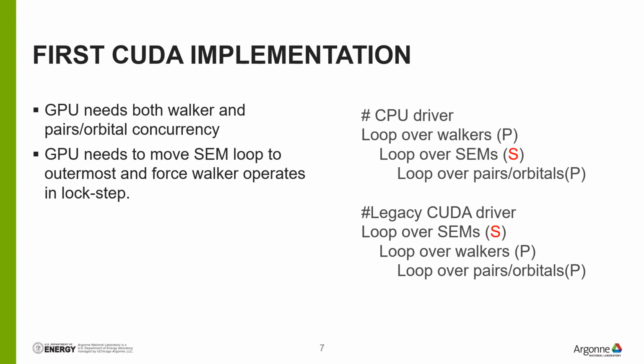So what we can do is interchange the loops: move the sequential single electron move loop out and take the walker loop to the inner, then fuse this loop with the lowest concurrency, making sure we have a large enough kernel for each GPU computation dispatch. So this scheme was used in the QMCPACK legacy CUDA driver, which has been working well for almost a decade.